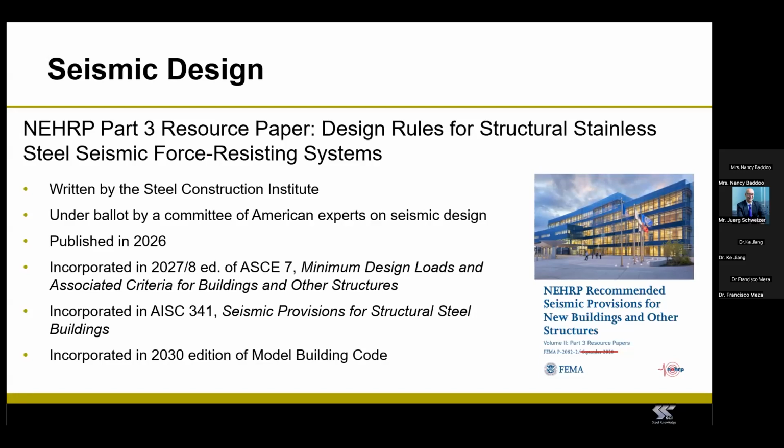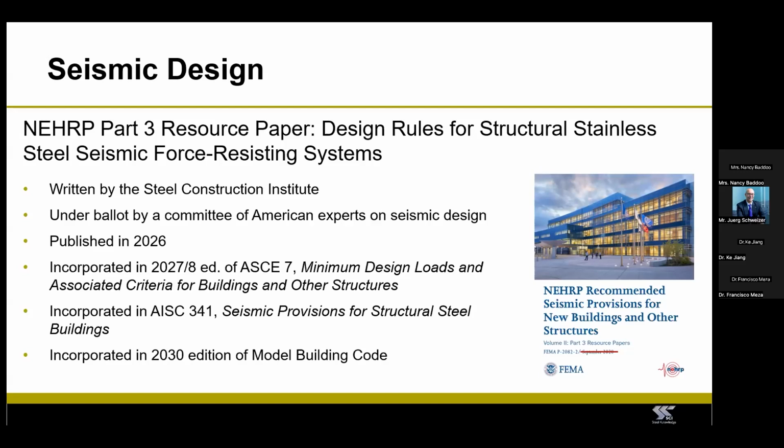The relevant American design codes are ASCE 7, which gives provisions for how to calculate the seismic forces that are applied to the structures, and also gives reference to the relevant design code that you have to use when designing the structure. There is also AISC 341, which is the code that gives specific provisions for the detailing and design of steel structures that are subject to seismic load.